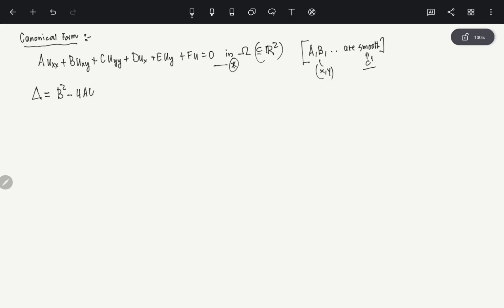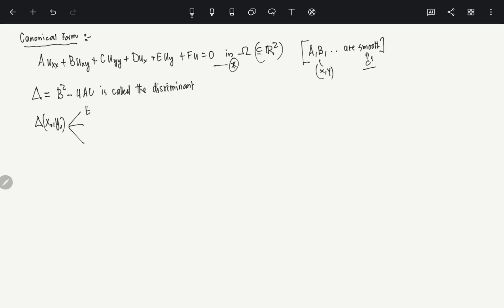Essentially this is your discriminant. The discriminant evaluated at the point (x0, y0) will tell us the nature of the equation. We have classified this; it is just a name which we gave.